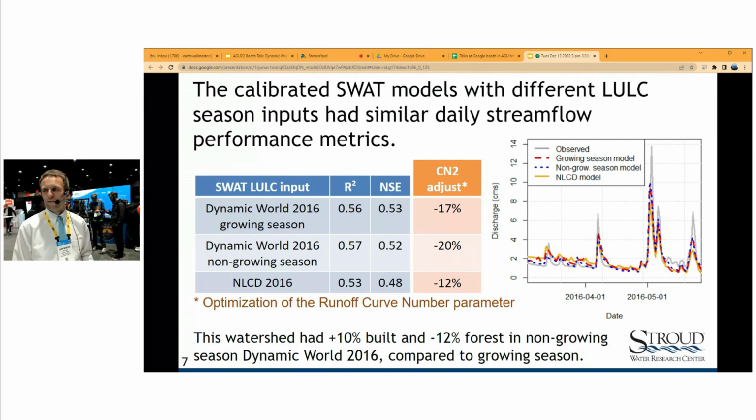And it's important to note that even though these models achieve similar performance for simulating this data set, if we were to apply the models now to a change in climate or even a change in land cover, since they now have different optimized parameters, they may simulate changes differently.